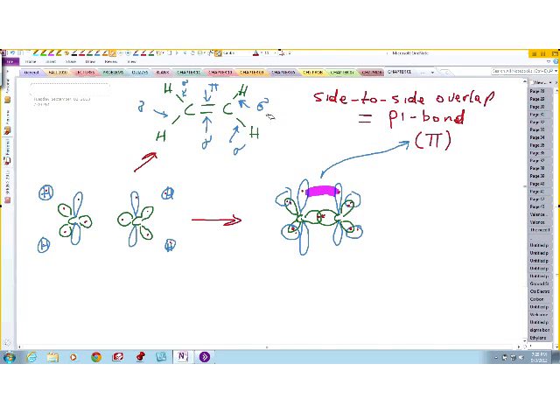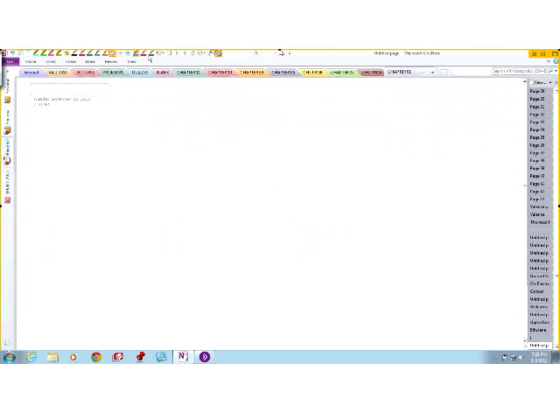Okay. So now, the last thing I want to do before we do one problem before we go. How then do we explain the formation of acetylene? I'm going to leave this for you guys to tell me. Acetylene is a linear molecule. In this case, one of these is a pi bond, another one is a pi bond, and one of those three bonds in the middle is a sigma bond.